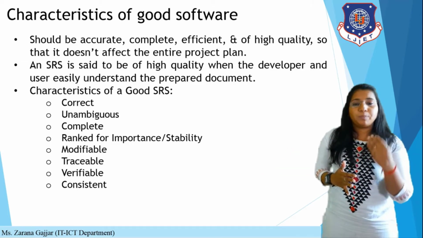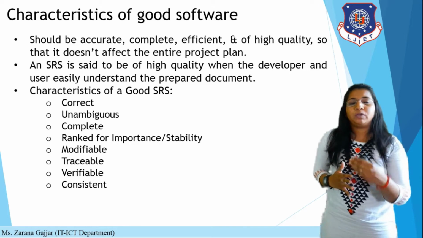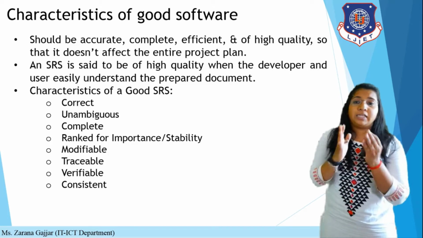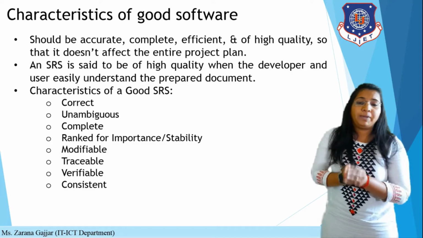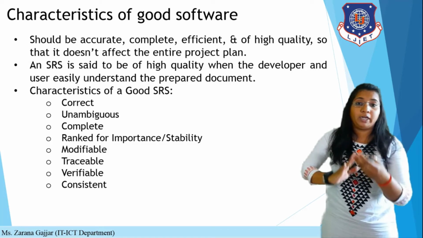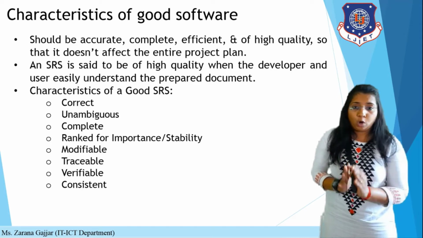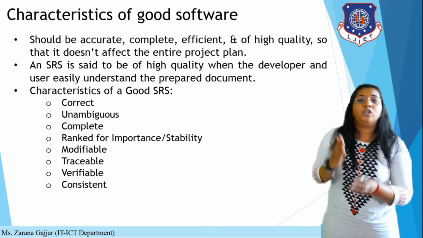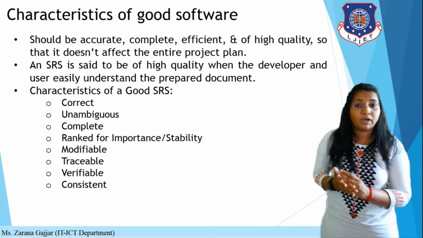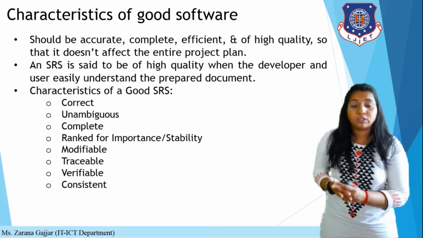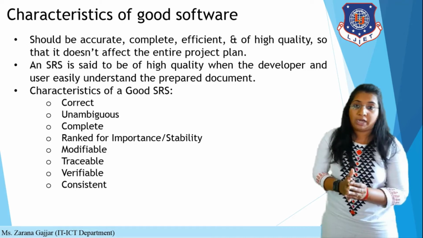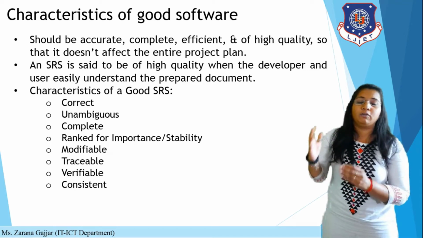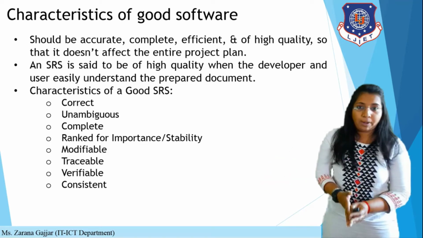As a project manager, you are continuously monitoring what your team members are doing, so it is easy to develop an accurate, complete and efficient high-quality product. Your software should be accurate, complete within the given time, efficient for use, and always of good quality, so that it does not affect the entire project planning.